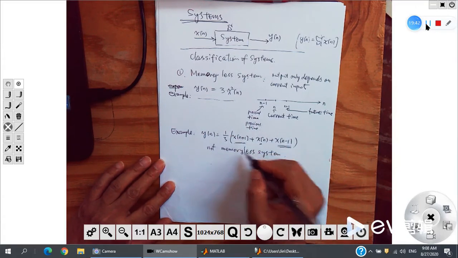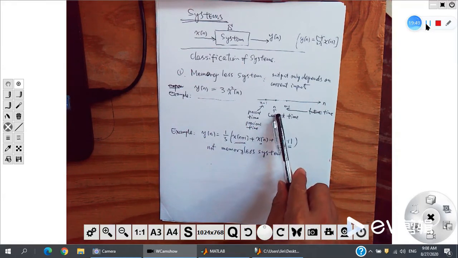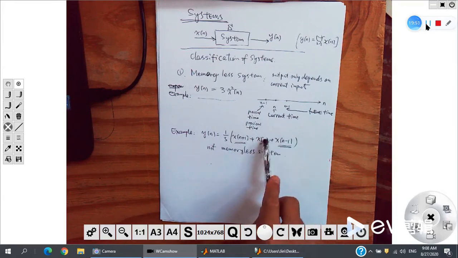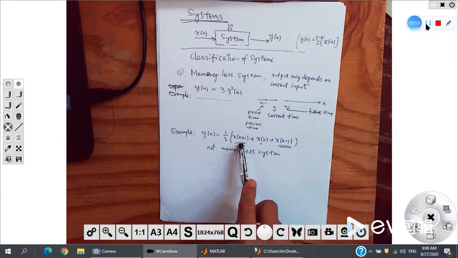So we call this a system with memory. You need to remember something. At time n, if you want to find the output, you need these values. You also need some old values, and those old values you need to save in memory. And you also need future data, so you need to save the future data in memory.